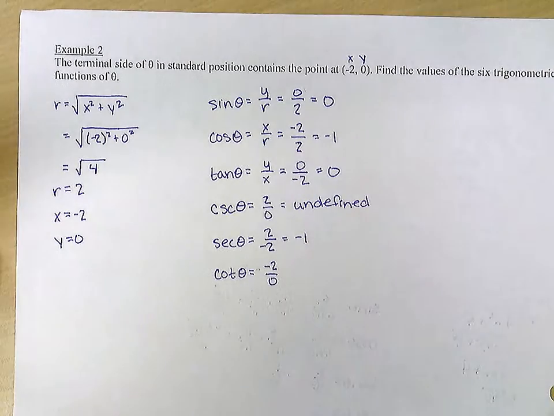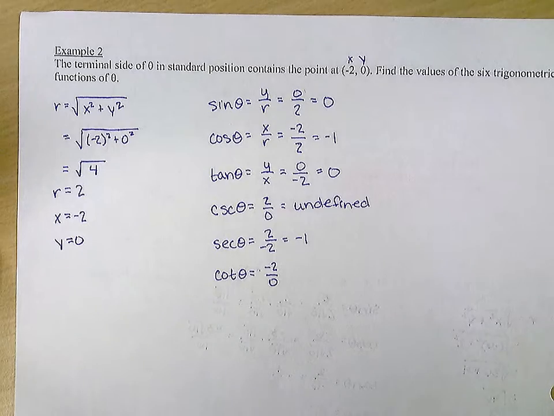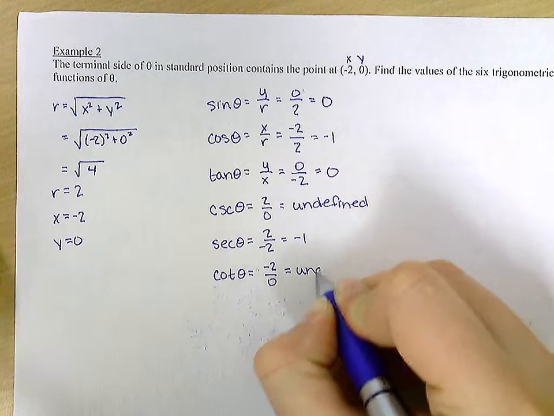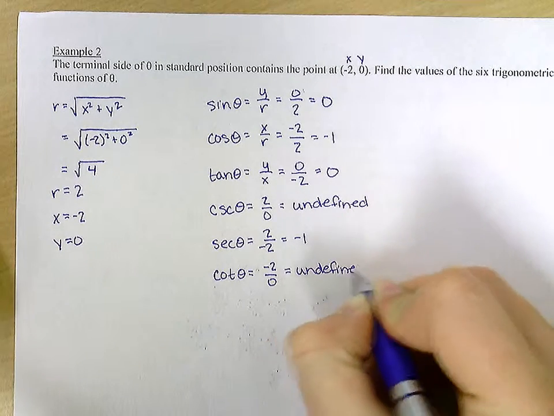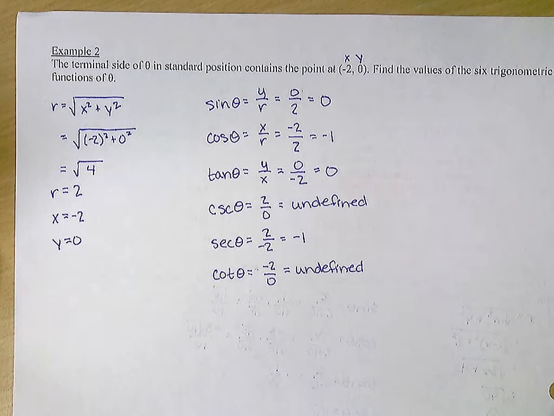Negative 2 over 0, which would be what? Undefined. Okay, so we just have to solve for r, then we just have to write out those 6 trig functions from theta.